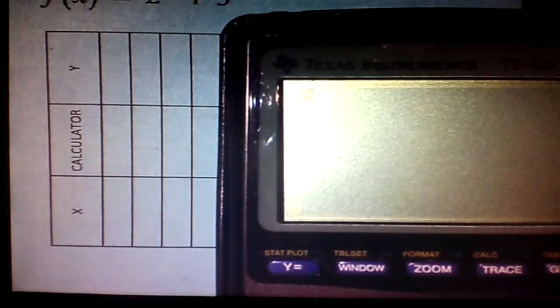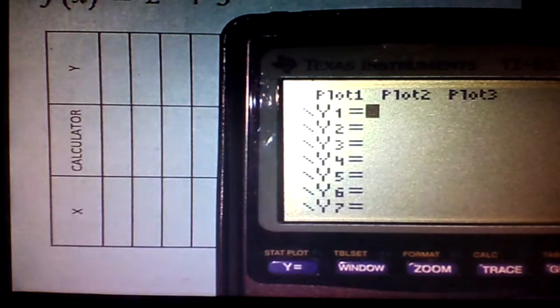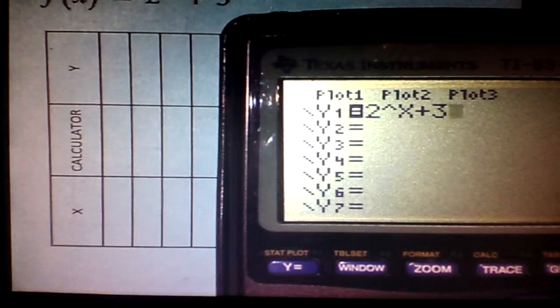Okay, so when you go to your y equals for this one, y equals 2 raised to the x plus 3. So your equation should look like this.